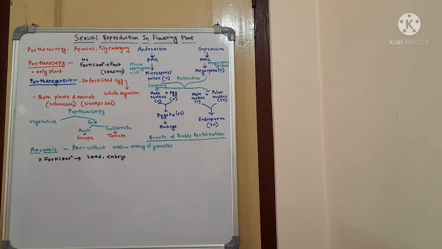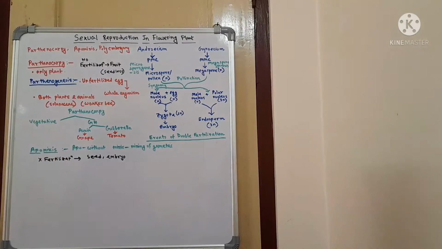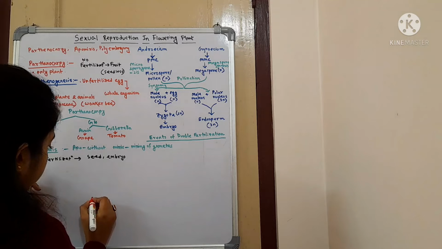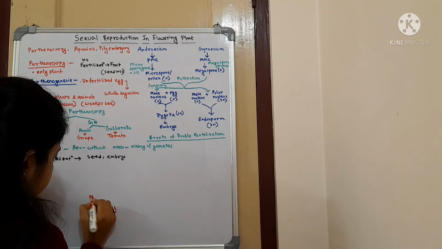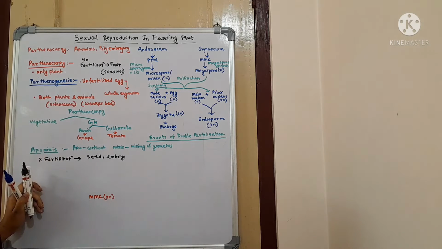There are three chances from where the embryo can be formed. In one case, it is from the megaspore mother cell which is present inside the ovary. We know the megaspore mother cell is diploid in nature.